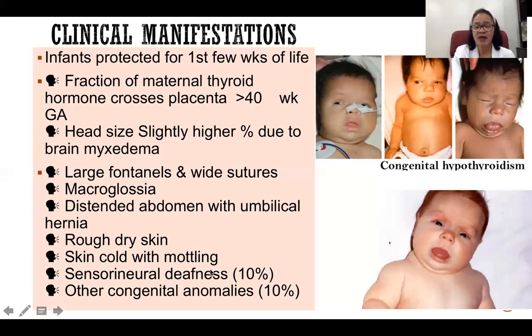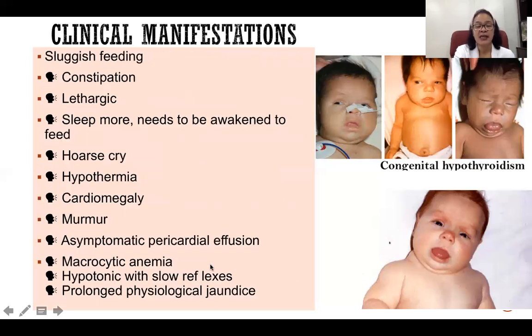Sometimes patients may have mottling of the skin. Some may have deafness and other congenital anomalies. And then with regards to some observations, patients may have poor feeding. Okay, so poor or even fair feeding.